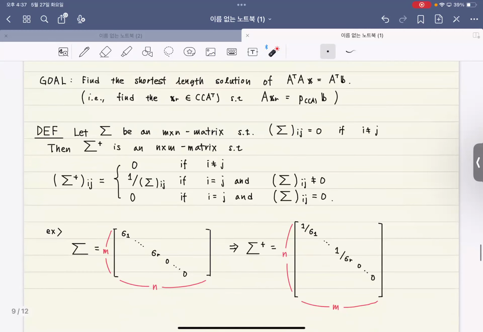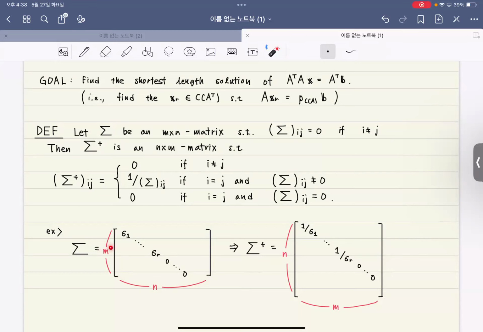This definition looks somehow weird, but it is not that complicated.